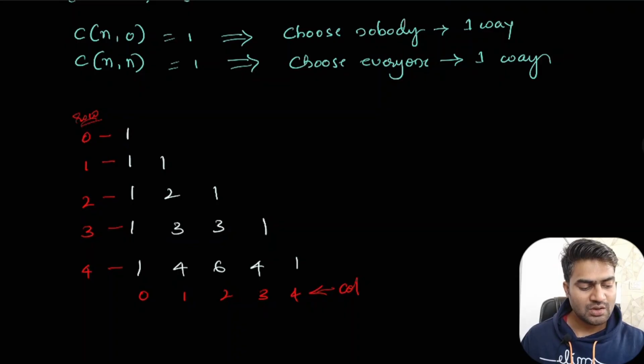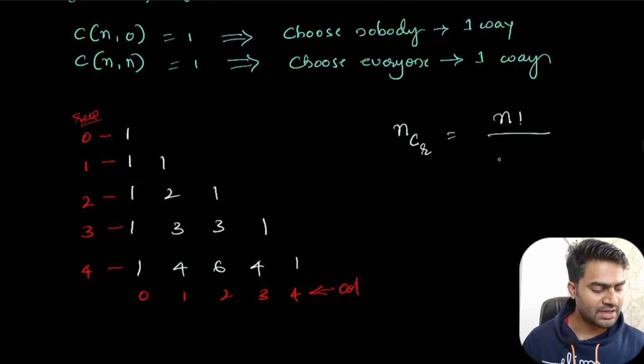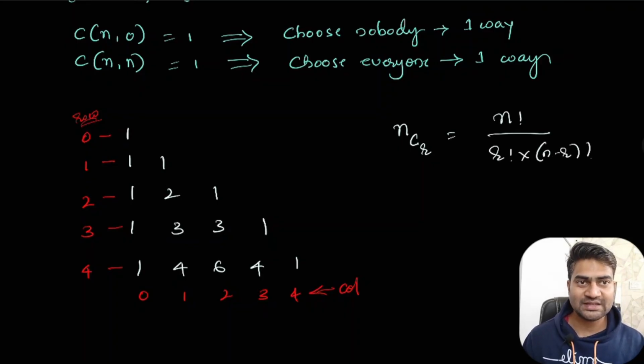What is the combination formula that we know? Basically the nCr formula, which is n factorial divided by r factorial into n minus r factorial. This is the basic mathematics; if you don't know, you can simply remember this formula. This is the way we calculate nCr.